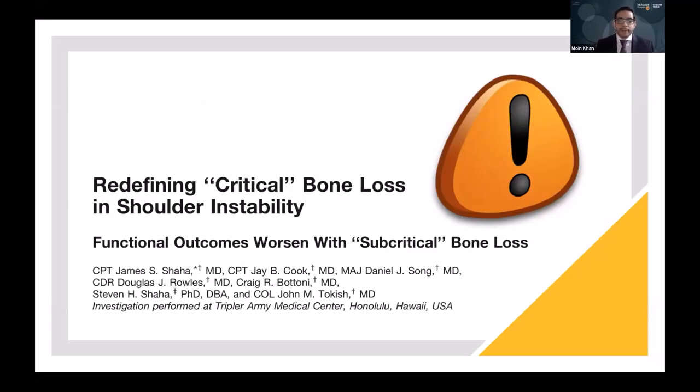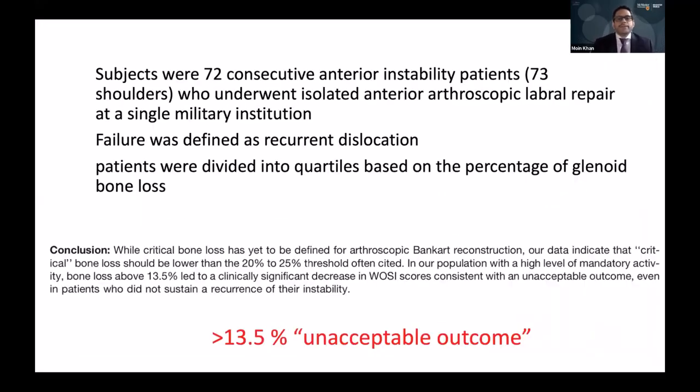This is another great paper by Dr. Tokish, in which he looked at 72 active military patients undergoing anterior instability surgery at a single military institution. And they looked at failure as both recurrent dislocations, and they also looked at WOSI scores, or functional outcome scores, postoperatively. And they divided patients into various quartiles or groups based on the percentage of glenoid bone loss.